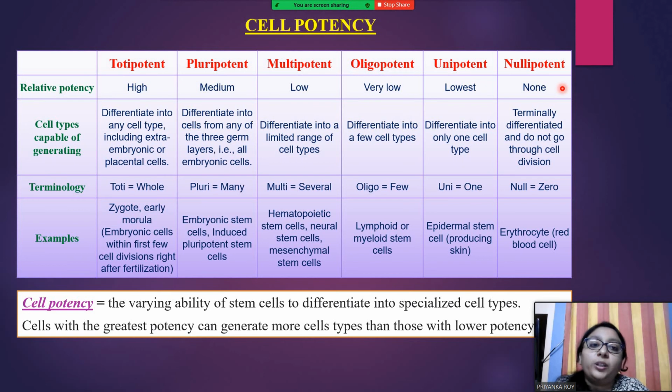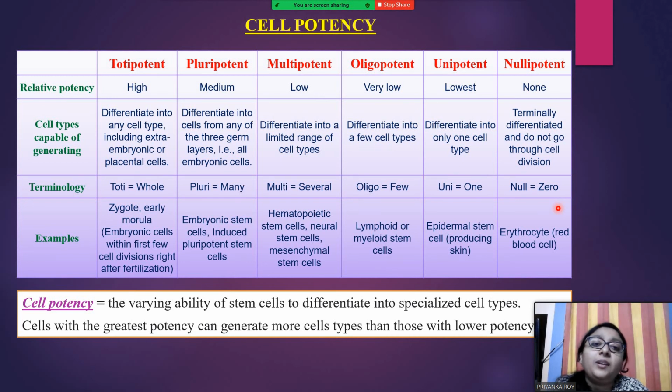Lastly, the nullipotent stem cell, which means it has no potency at all. It is a terminally differentiated cell and they do not go through any cell division nor any differentiation. Null means 0, you all know that, and the example is the erythrocyte or an RBC. It's an obvious thing that RBCs do not divide.